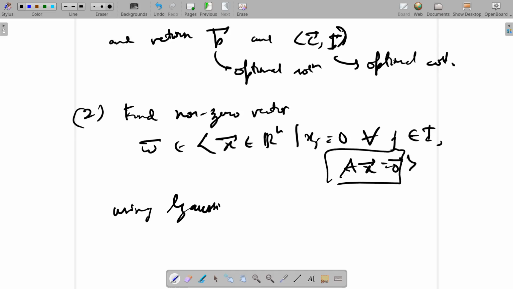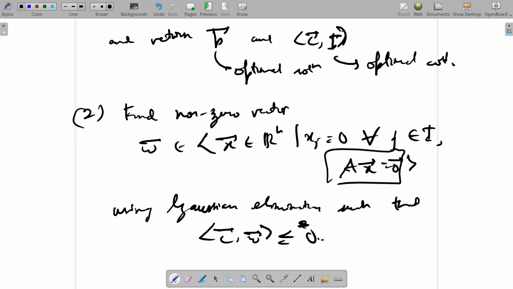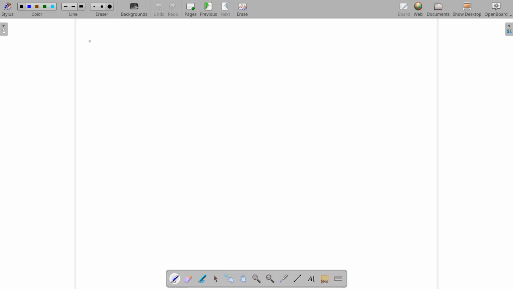And of course, this also is a bunch of equations. You pad all those together to find the mega equation and solve it using Gaussian elimination, and ensure that c dot w is less than or equal to 0. You can do that because you just find a solution, just compute c dot w. If it is strictly bigger than 0, just take the negative of w. So that also you know how to do with a computer, at least theoretically.